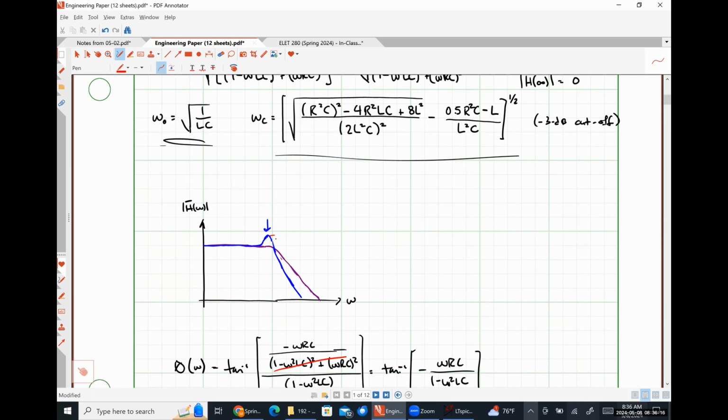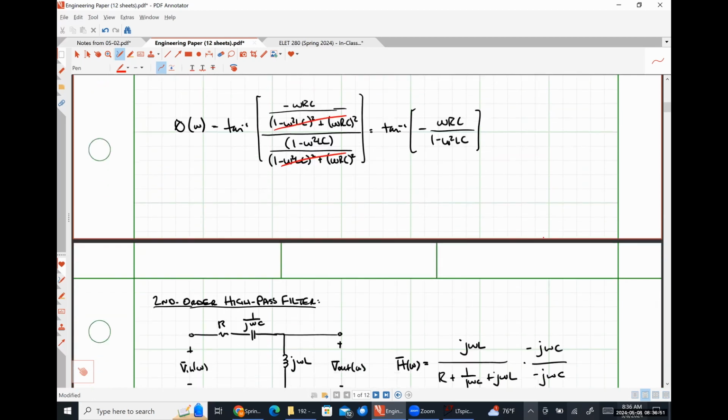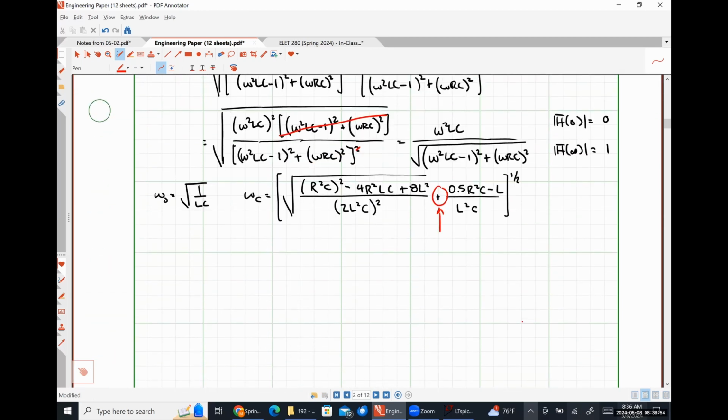Well, if we had this graph effectively flipped around, we would expect to see the 3 dB cutoff slightly before the resonant frequency, which is why that sign was changed. It's going to be just as far to the left of the resonant frequency as our 3 dB cutoff frequency is to the right of the resonant frequency in a low pass filter. So all of these things are related.